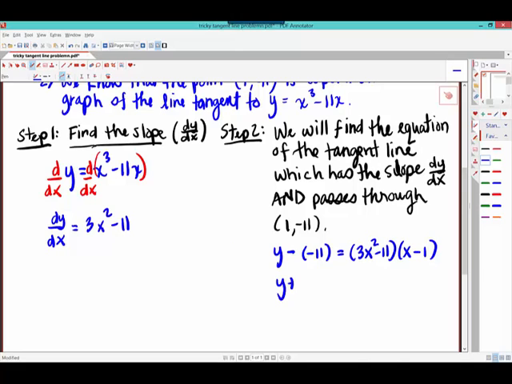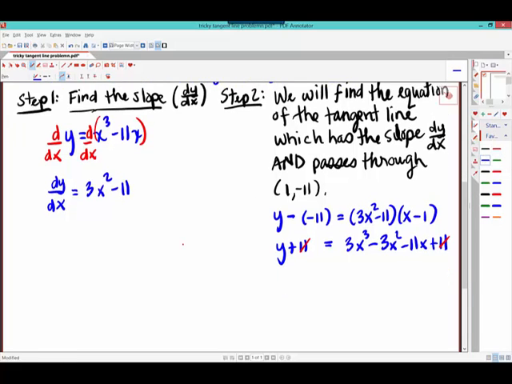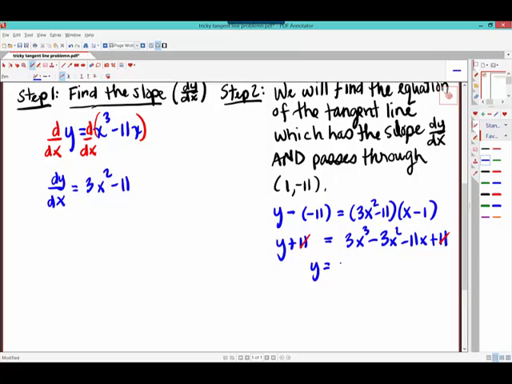Continuing, we'll get y plus 11 is equal to 3x cubed minus 3x squared minus 11x plus 11. Notice that the 11's will zero out. So we end up with y is equal to 3x cubed minus 3x squared minus 11x.